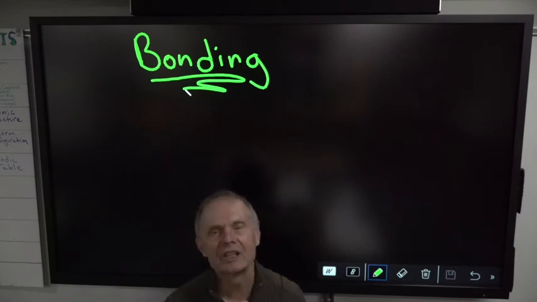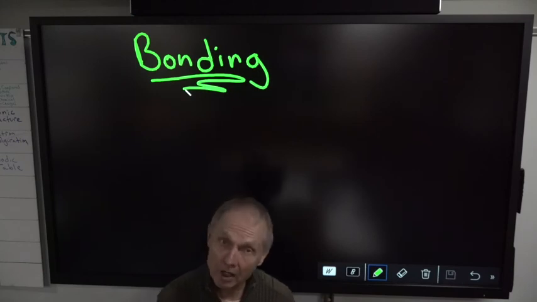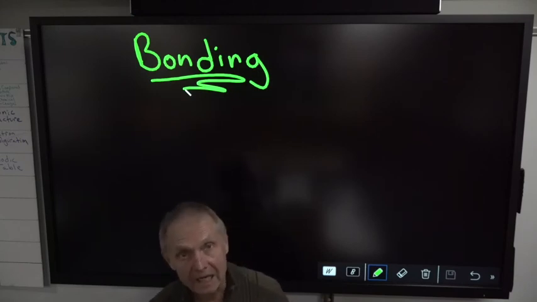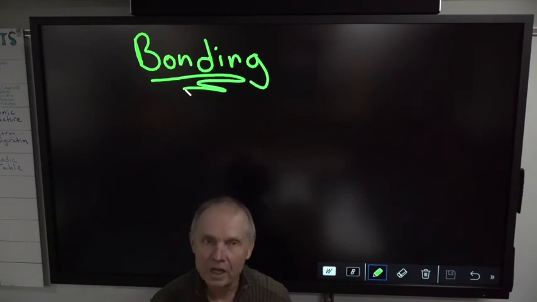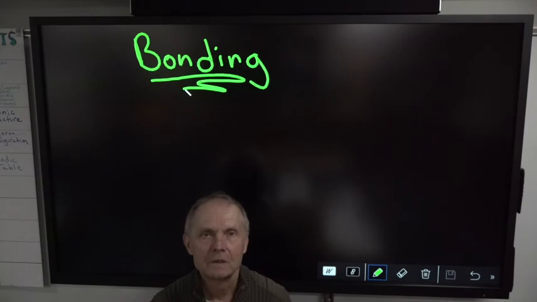So 3 things can happen to the valence shell electrons in bonding. They can either be lost, they can be gained, or they can be shared. So in this video, we are mainly going to be talking about valence electrons that are lost by metals and gained by nonmetals. Okay?